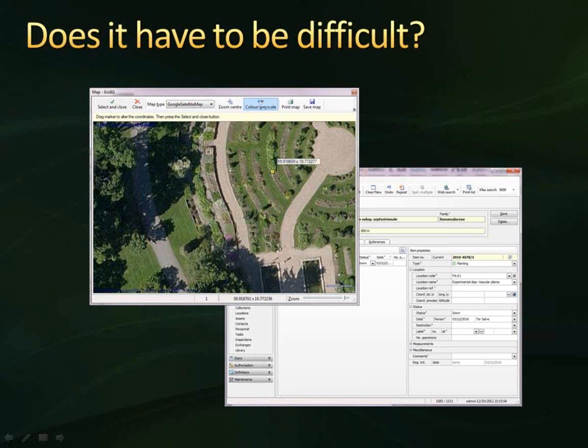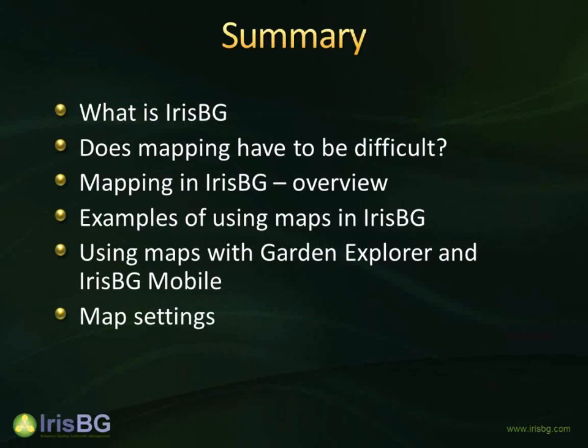And then to summarize what we've talked about today. I talked a little bit about what IRIS is. As I mentioned in the introduction, there's plenty of resources online where you can see tutorials, etc. We discussed whether mapping has to be difficult or not. We also gave you a quick overview of how mapping fits into IRIS.